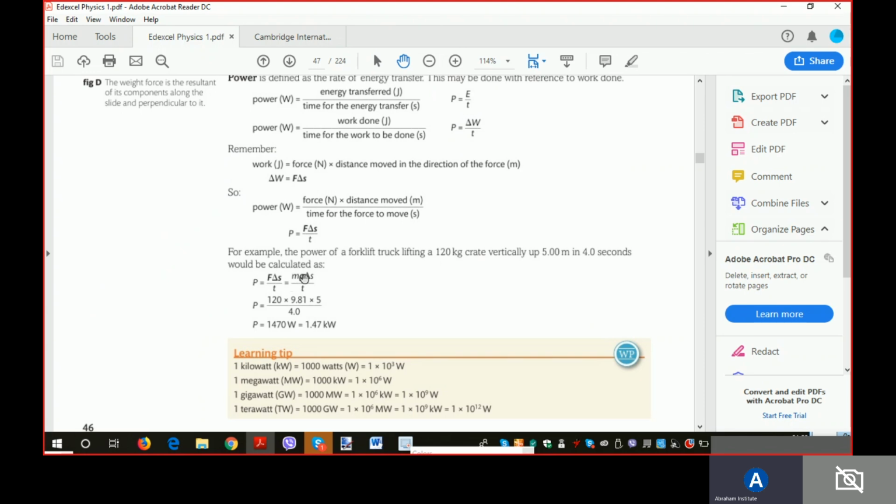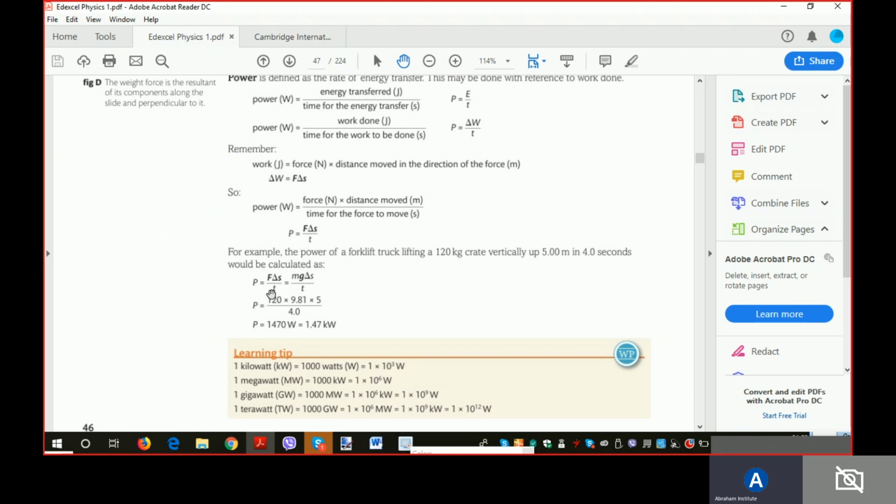So we use the weight here, mg, 120 times 9.81. Then delta S is 5, because it moves vertically up 5 meters. The distance moved in the direction of the force is 5 meters. Even though this is weight force, an equal force is applied in the upward direction. Then the time it was applied for was 4 seconds.